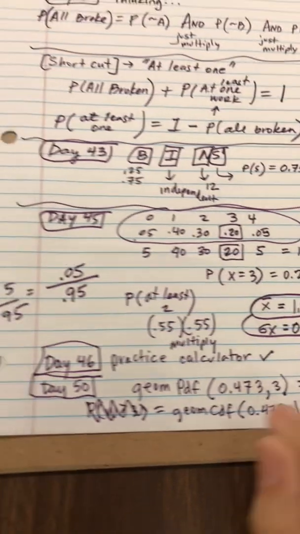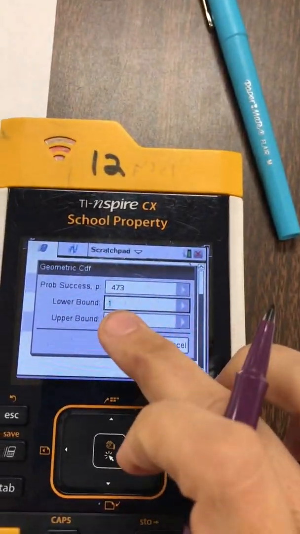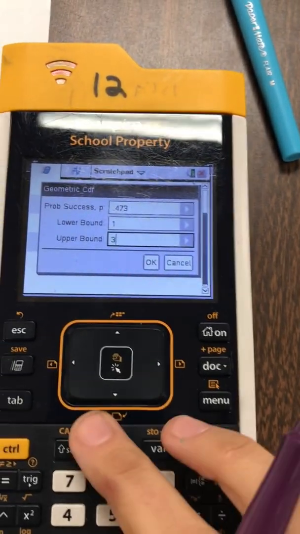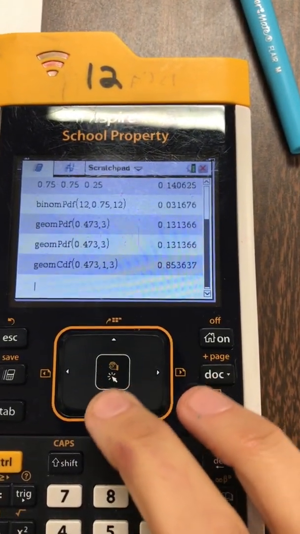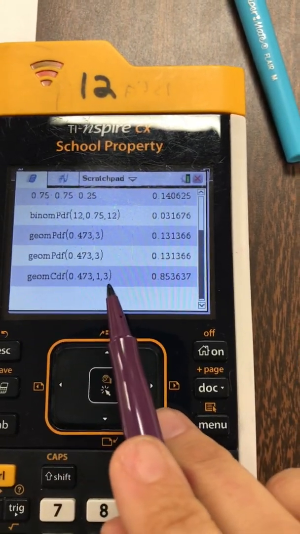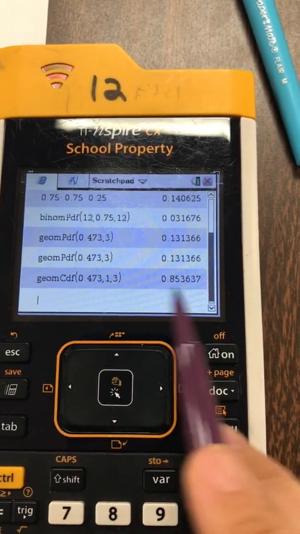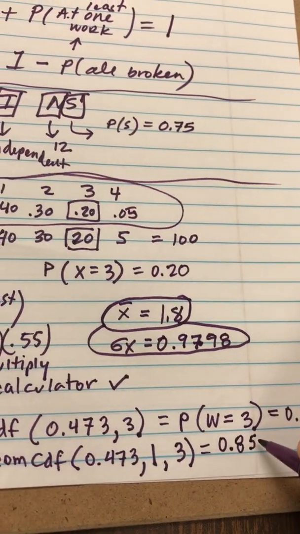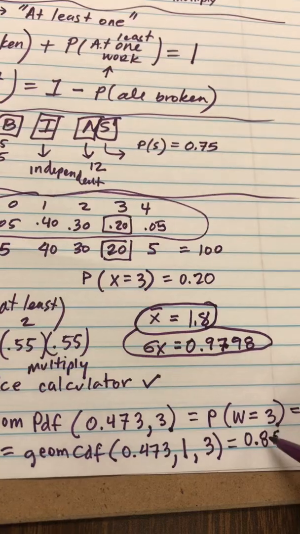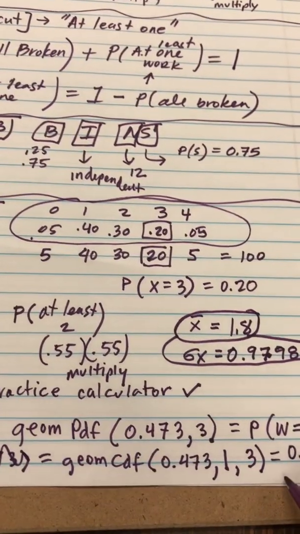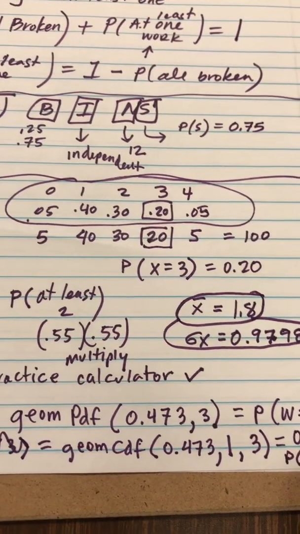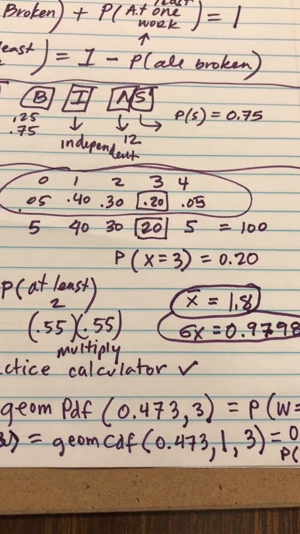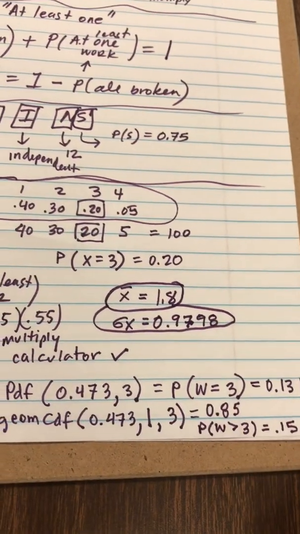There we go. My lower bound is 1, and my upper bound is 3. I'm going to put that on my paper, and that is 0.85. So now I know that the probability of catching it greater than 3 has to be what's left over, so that'd be 0.15.